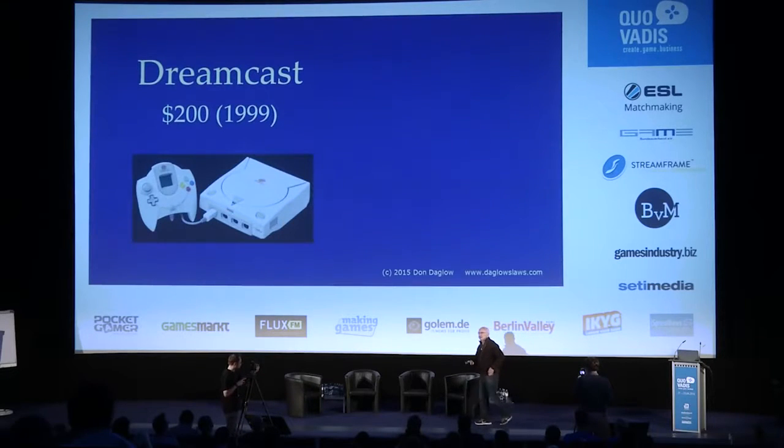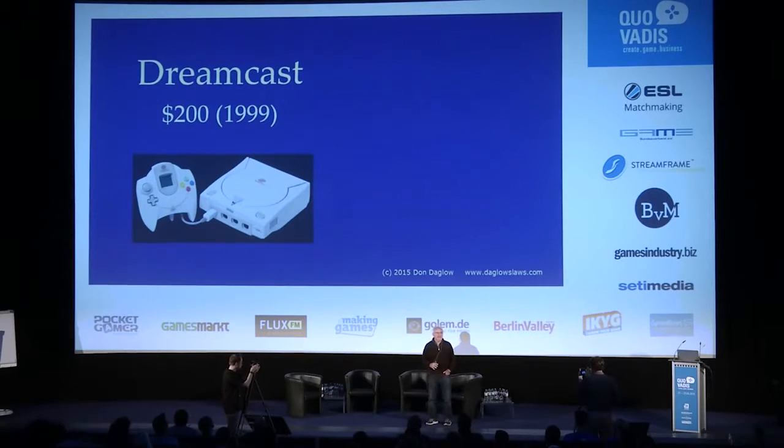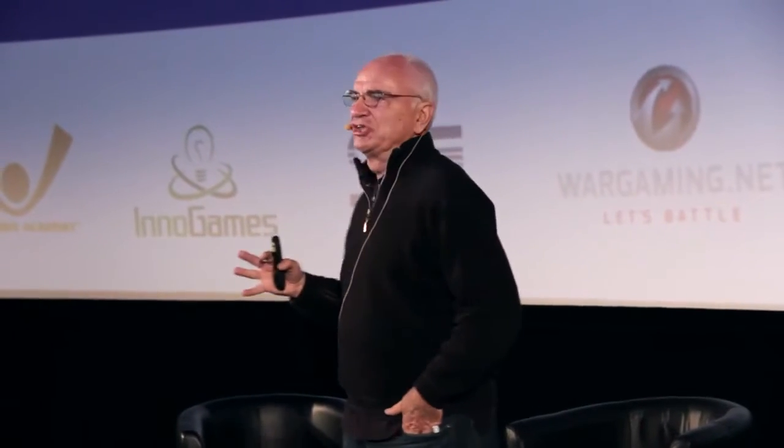So, for example, talking about game prices, the Dreamcast, when it came out in 1999 to compete against the PS2 and to compete against the Xbox, it cost about $200. But we have to factor for inflation, because in modern societies, each country or each region has some level of inflation in money.